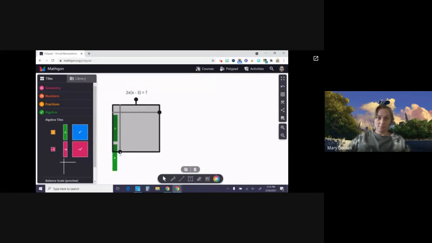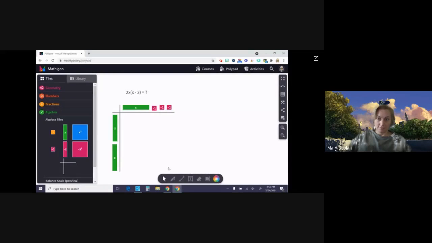And I can click on this and extend this out so it's larger. Then represent x minus 3 along the top. And again, extend this out so it fits.